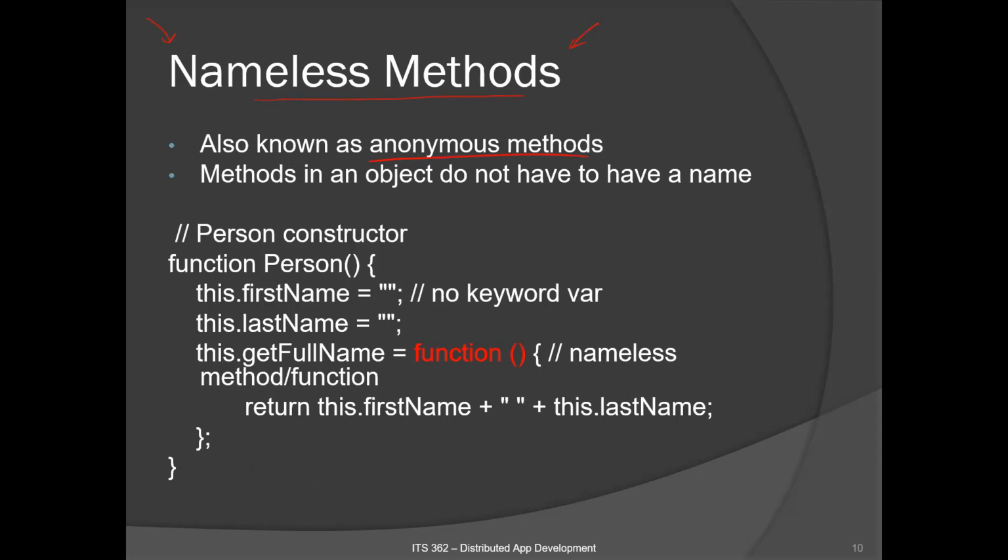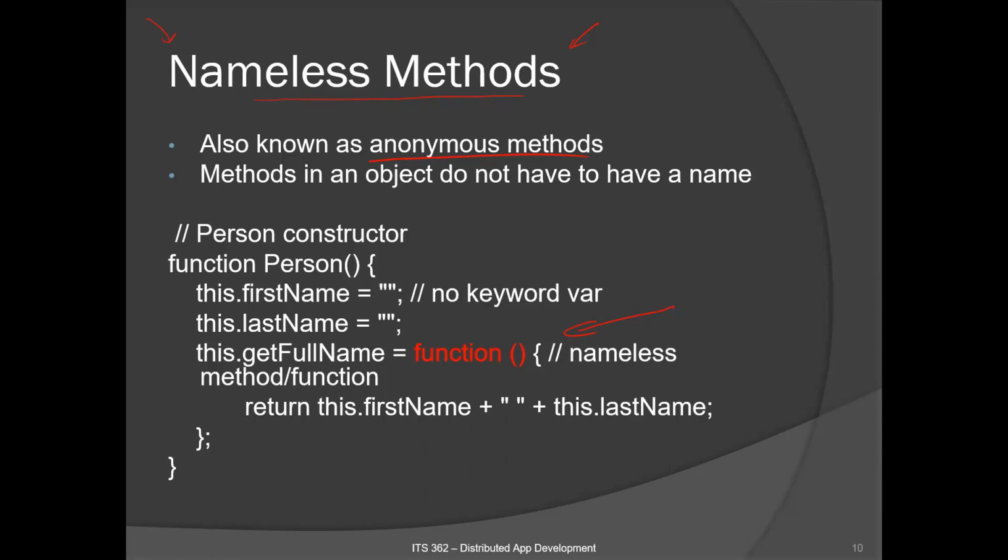Okay, so they don't have a name basically. And what happens there is that allows you to define them on the fly in the constructor itself, for instance. So notice how this is being done here instead of creating a separate function with a name and then calling it and referencing. And this will be a very common thing that we will do, you'll see in jQuery, right?